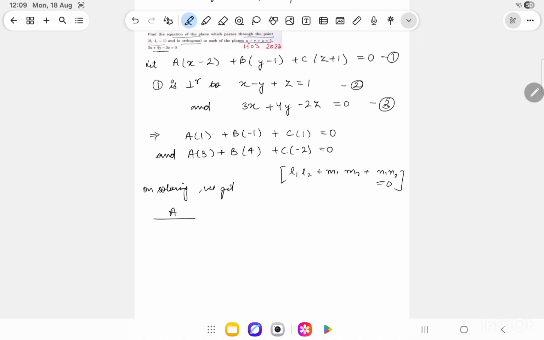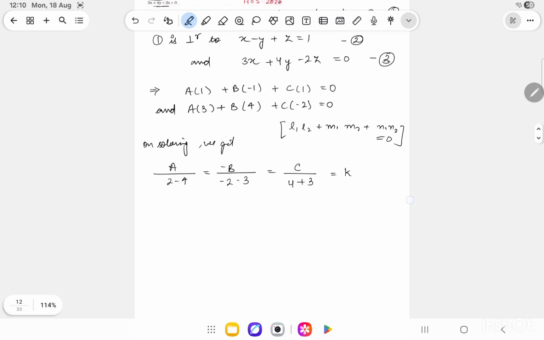a upon 2 minus 4 equals minus b upon minus 2 minus 3 equals c upon 4 plus 3. Let us say this is equal to k. If I simplify this, I'll get a upon minus 2 equals b upon 5 equals c upon 7 equals k.